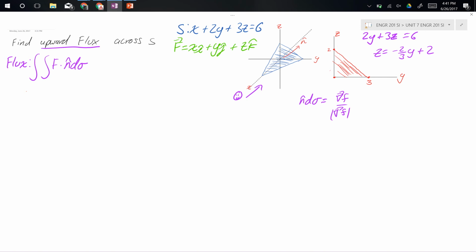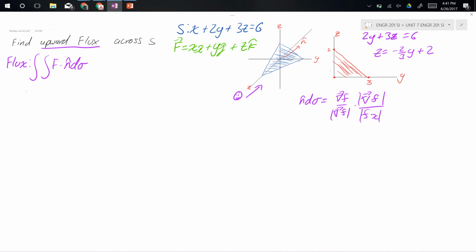Now this is being multiplied by d sigma. D sigma is the magnitude of del f over the magnitude of, and for this case, fx. This can always change. This right here can change depending upon what your projection is. In this case, we have to project our surface into the zy plane.